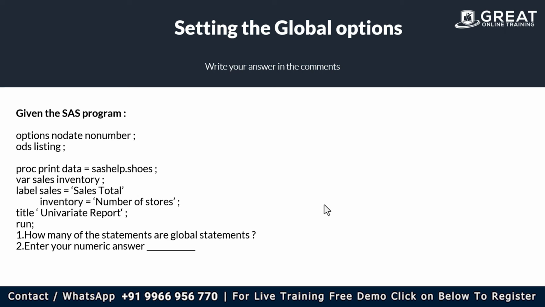How many global options have you used in this program? Please enter that answer as a number in the comment box. So that's it, this is about the global options. So now you need to display how many global options I have used in this program.